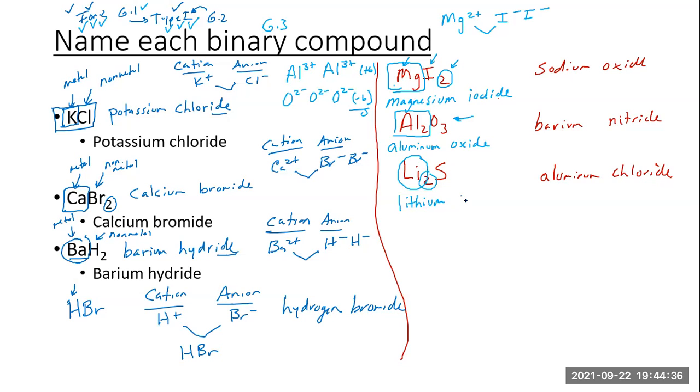Sulfur becomes sulfide, IDE at the end of it. Again, this is made up of a lithium cation that's positively 1 charge and a sulfide ion, which is -2 charge. That is why we need the 2 lithiums to balance out the -2 charge from the sulfur. Any questions on any of those names?